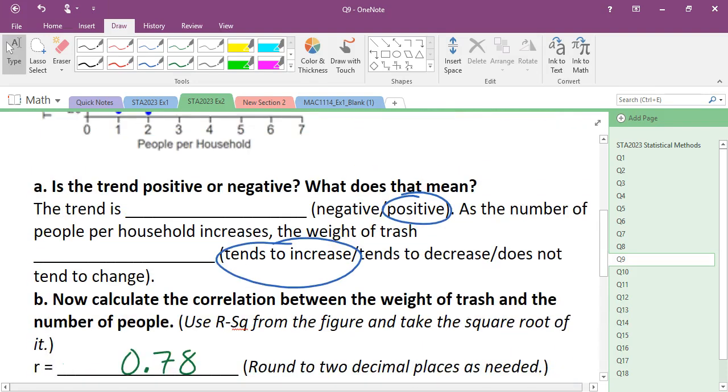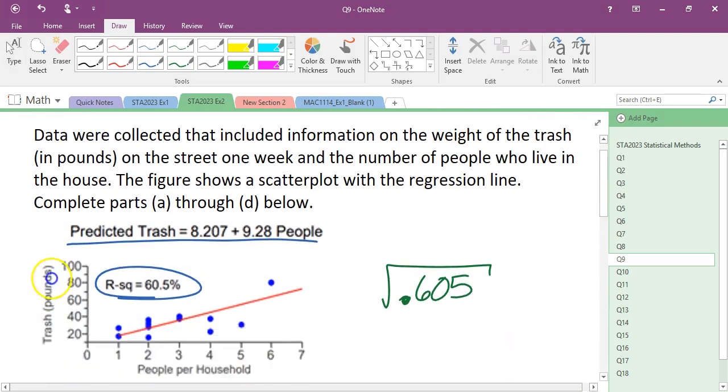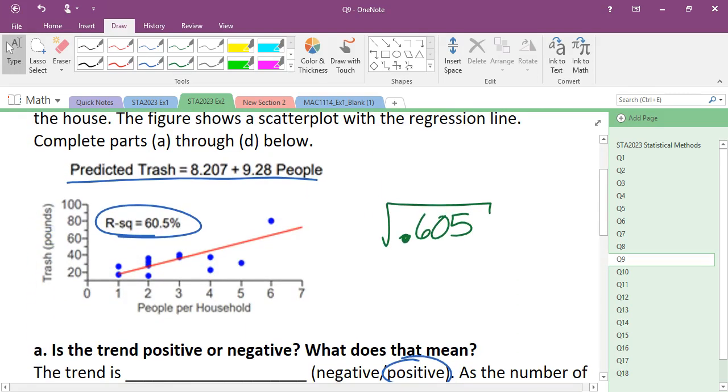So let's talk about this intercept. Who's the intercept up here? And the intercept happens when what is 0? Well, yeah, the 9.28, or in other words, when people are 0. Okay? So your intercept is whenever x is 0.